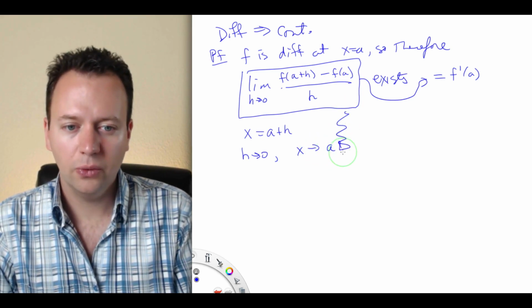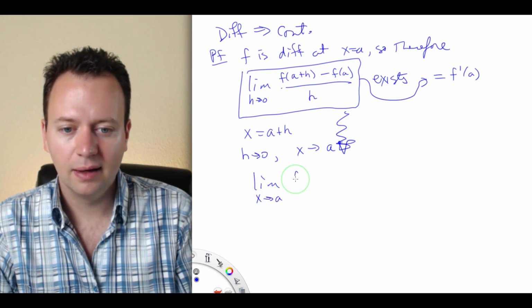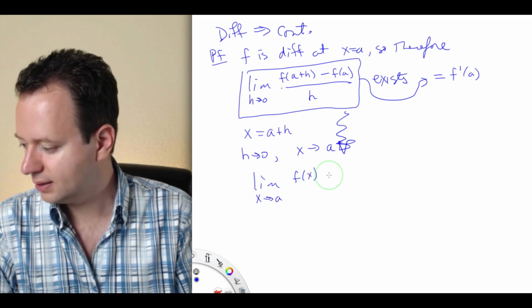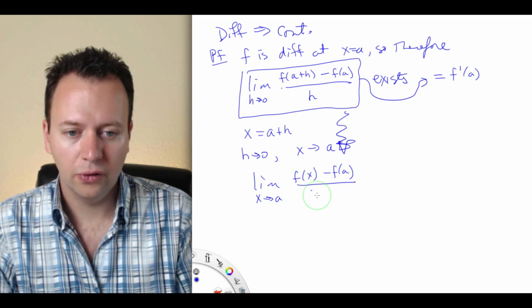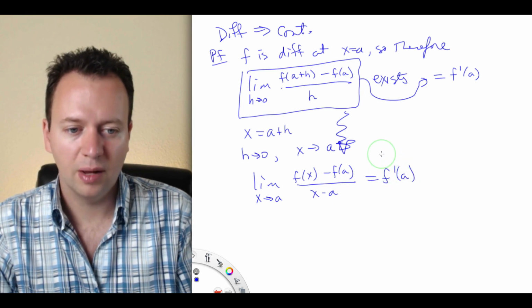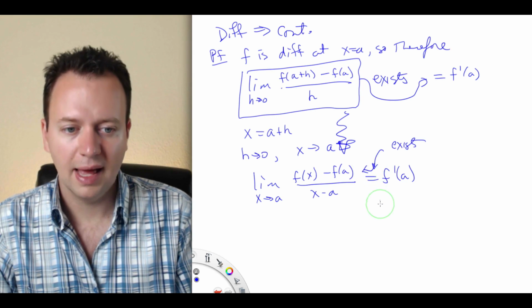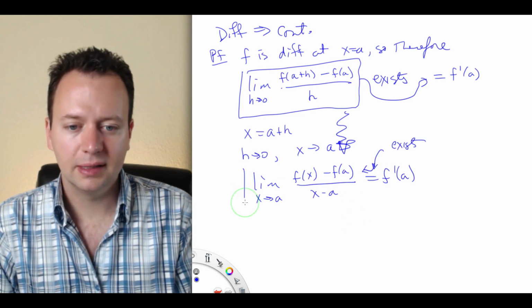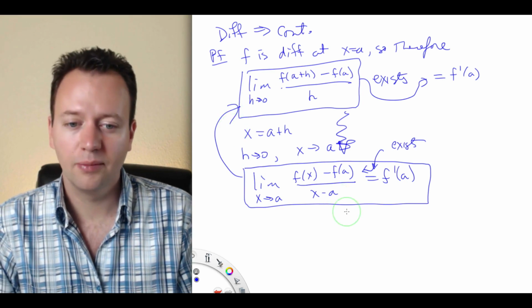So we can rewrite this limit: the limit as x goes to a of f of x minus f of a over x minus a exists and is equal to f prime of a. That's the same as the standard way of writing it up there.